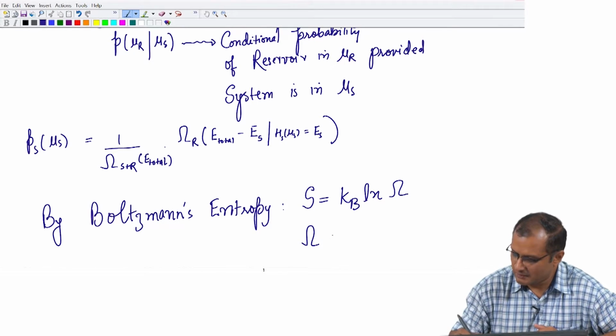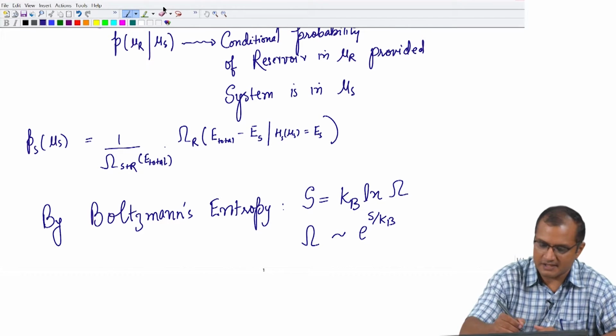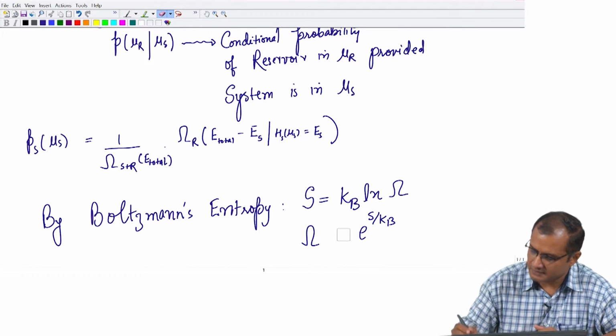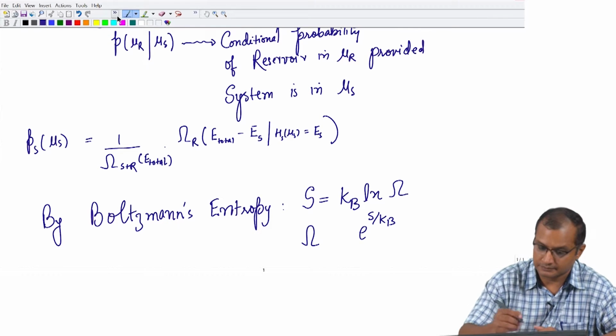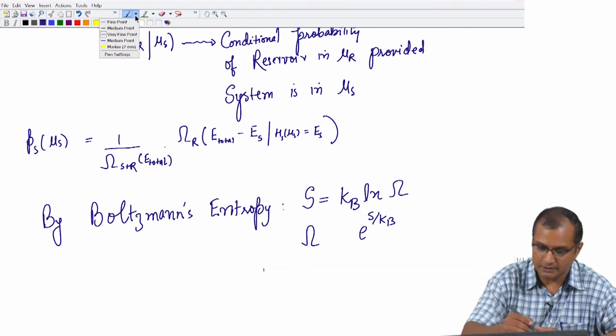This gives me omega as e to the power S over kb. In fact, in this case I can always write down the equality here.